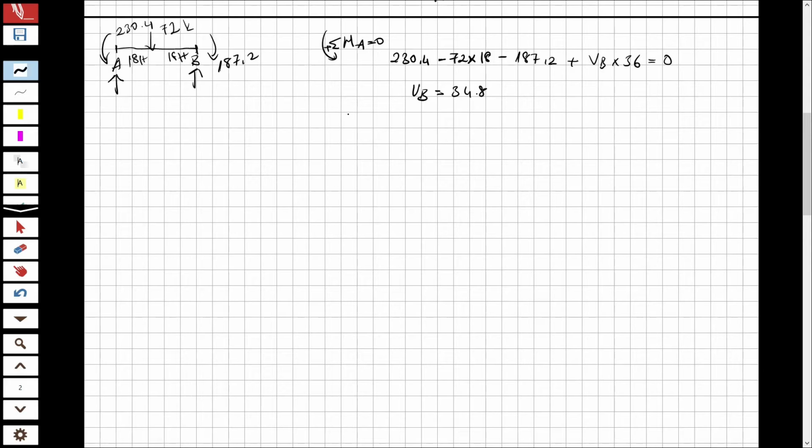And the total Fy is equal to 0. So I'm going to find the shear at A. 72, I convert the distributed load to the point load, minus 34.8, and minus VA equal to 0, and VA will be equal to 37.2. And let's do it for the second part.